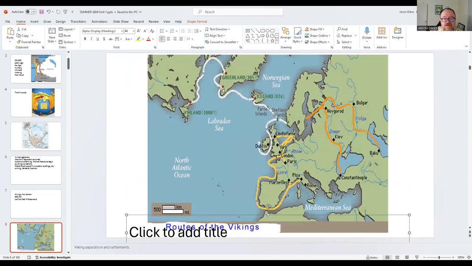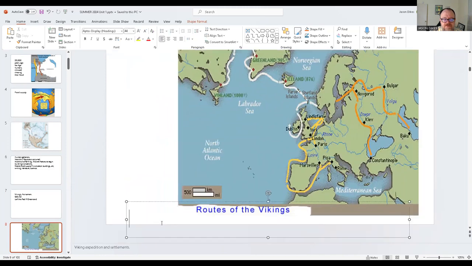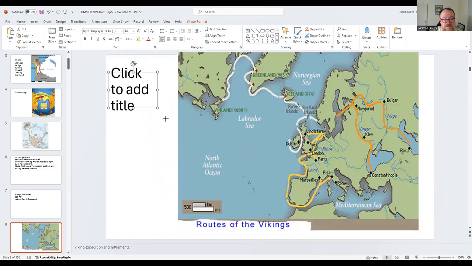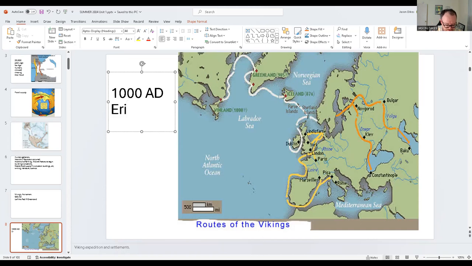So you can see Eric landing about here, and then maybe another village right there. We're not sure why Eric did this. There's some fragmentary evidence that he had killed somebody and was fleeing authorities.